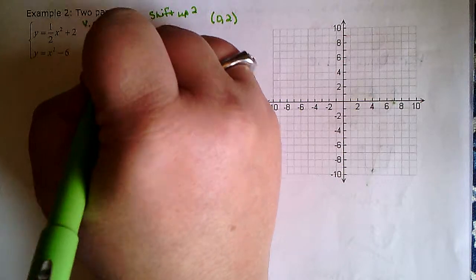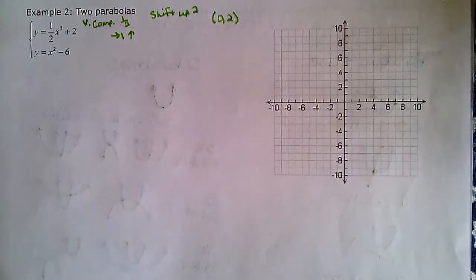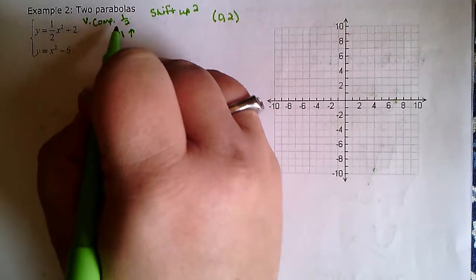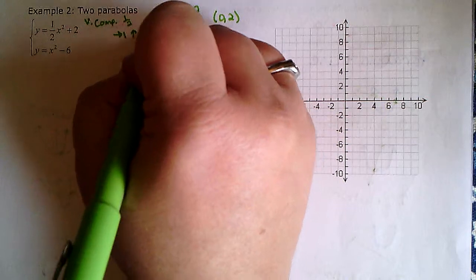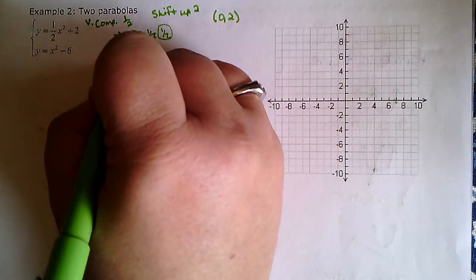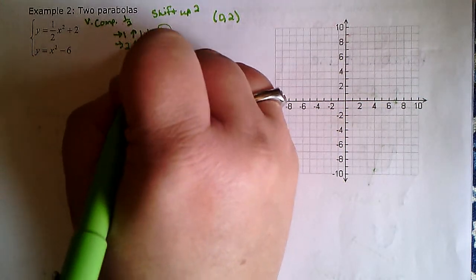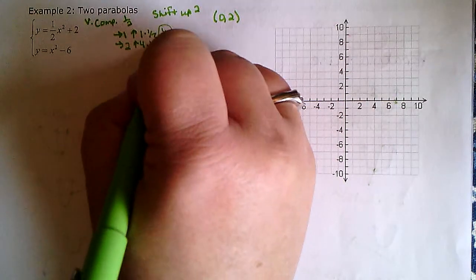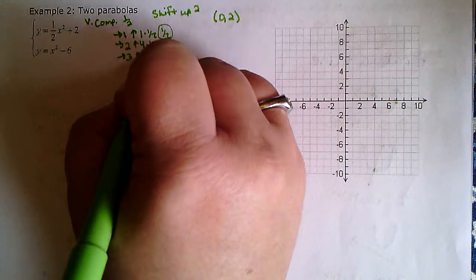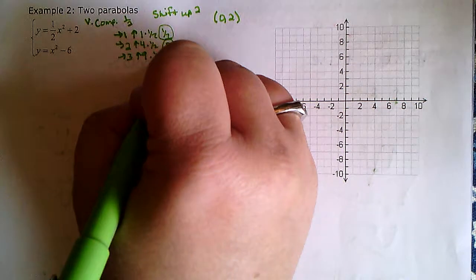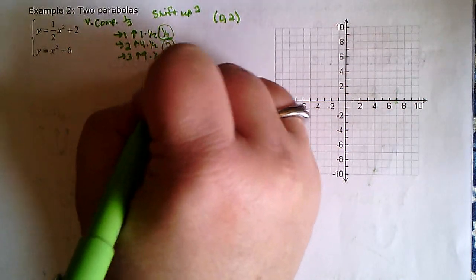And I would go over 1, up 1, but to compress that by 1/2, remember your ups get multiplied by 1/2. So up 1 times 1/2 will actually be 1/2. Over 2, up 4, but we have to multiply it by 1/2, which gives us 2. And over 3, up 9, compressed by 1/2, which gives us 4.5.